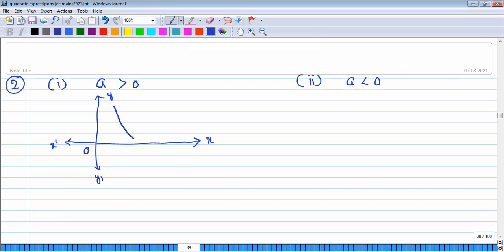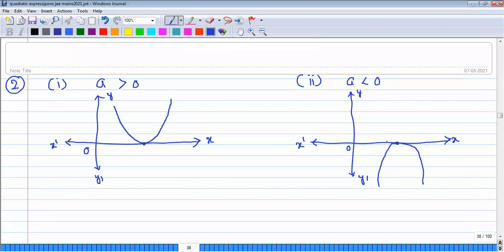Suppose the graph is like this, graph of y is equal to f of x. So now in this case, origin, x dash, x, y, and y dash. One minute.